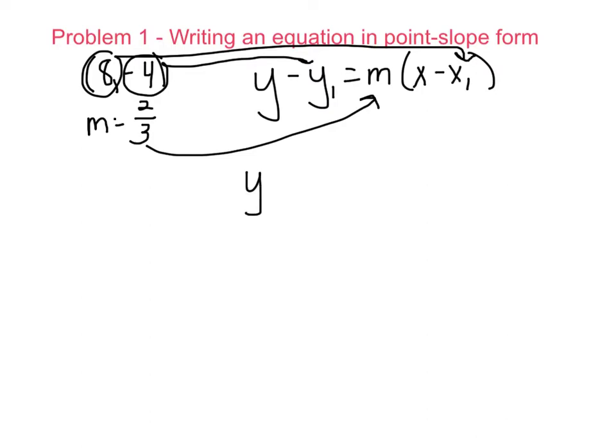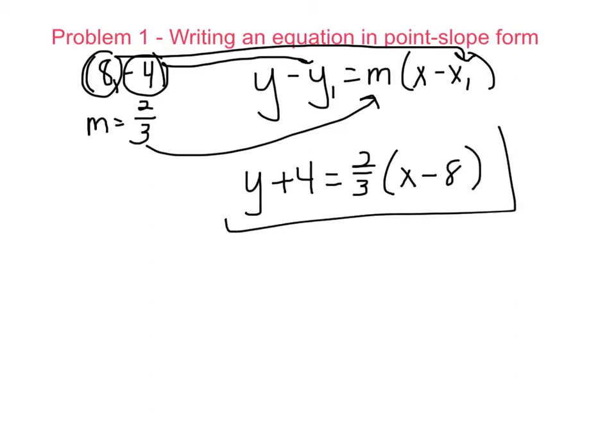So I get y. Now here's the kicker. This is the only part that's difficult. What's y? y is negative 4. You're plugging it into a negative. So a negative 4 is going to turn into a positive 4. Equals m, which is 2/3, times x minus 8.